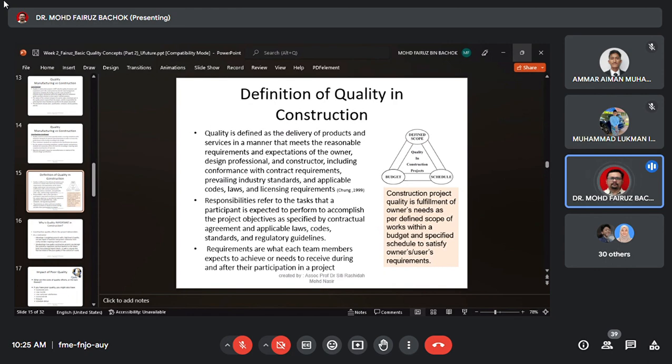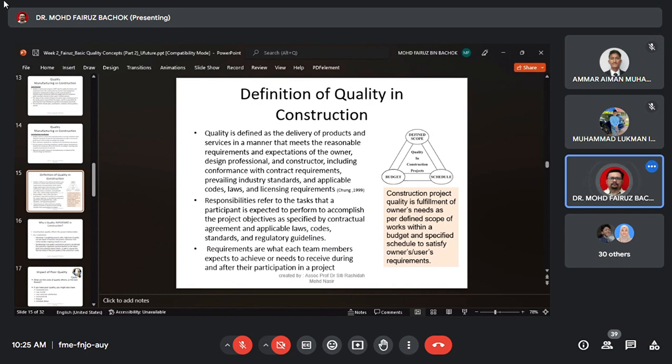Requirements are what each team member expects to achieve or needs to receive during and after the project. Because you do not work alone at the construction site, there are other parties. There is a land surveyor, and there is a quantity surveyor.